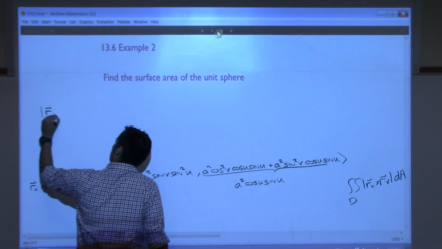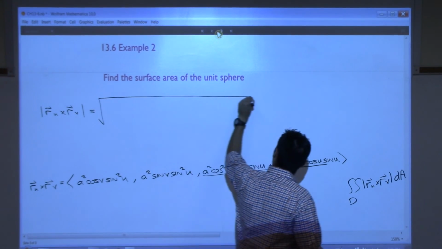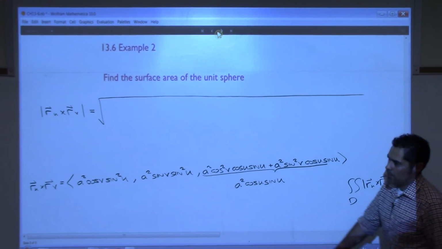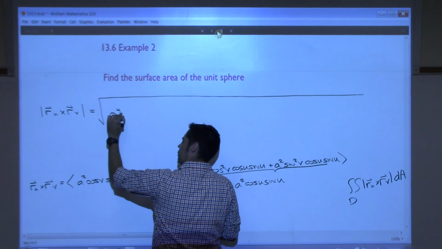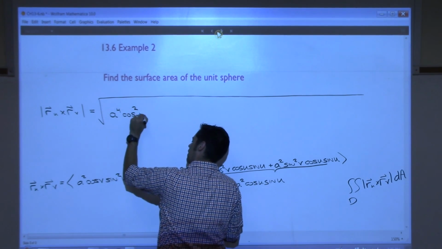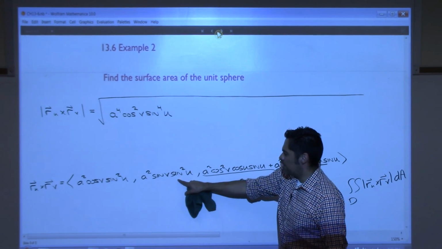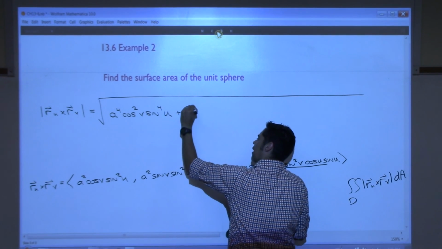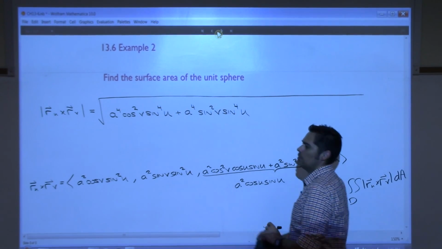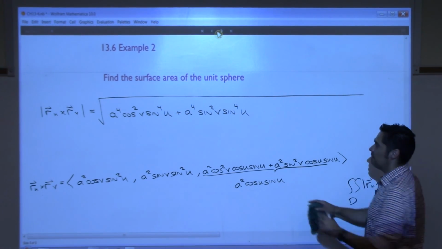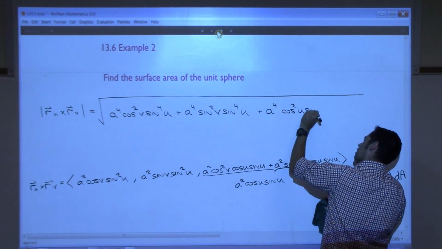The magnitude of this will be the square root of, when I square this, I get a to the 4th cosine squared v sine to the 4th u. When I square this, I get plus a to the 4th sine squared v sine to the 4th u. And then when I square this, I get plus a to the 4th cosine squared u sine squared u.